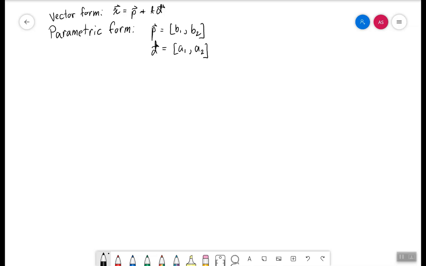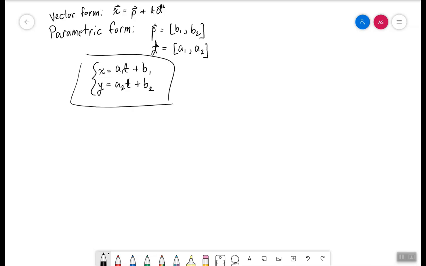Then our vector form, when we expand everything out, gives x equals a1 times t plus b1, and y equals a2 times t plus b2. And this is our parametric form of the equation for a line in R2.